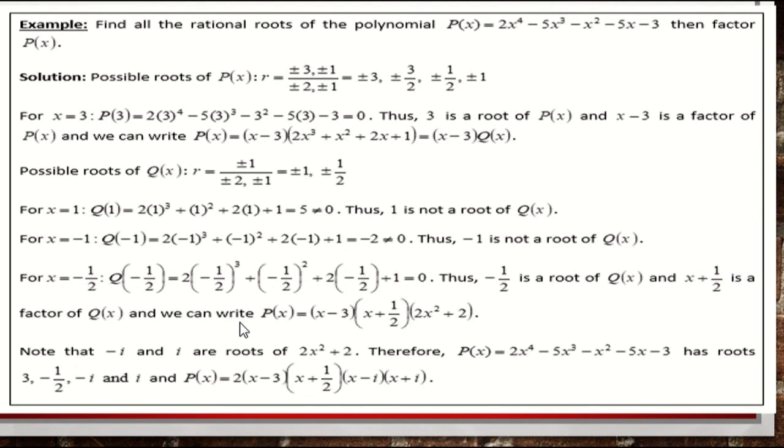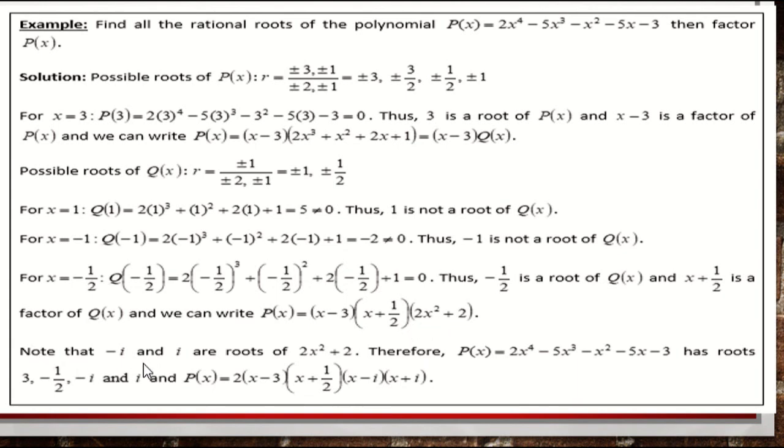And we can write it this way: the x minus 3 factor from earlier, and the x plus 1 half factor, so what remains is 2x squared plus 2. We look for the possible roots of this factor.